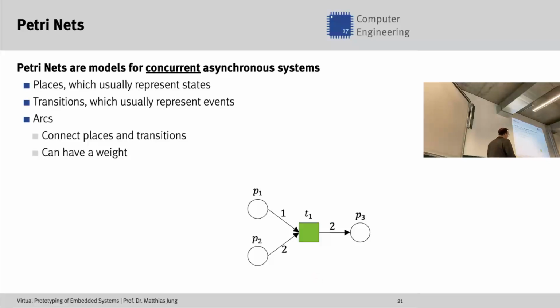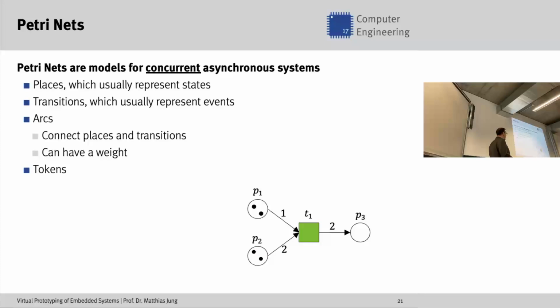And they can have a weight also. That's also very powerful. There you have the weight 1. And if an arc doesn't have any annotation, then it's always weight 1 standard. But here you could have also a weight of 2. Yeah? And this is related now to the tokens.